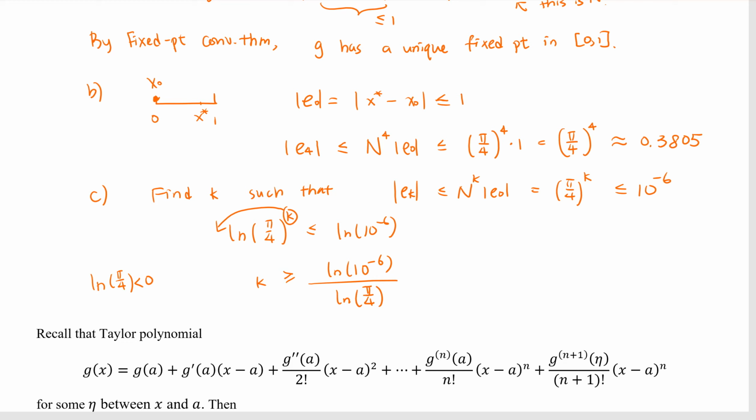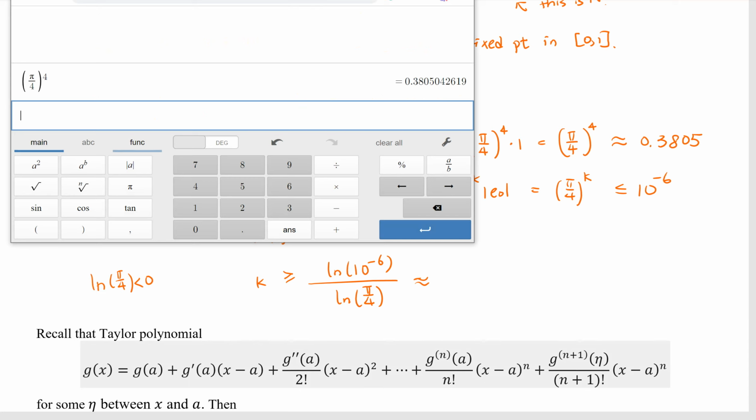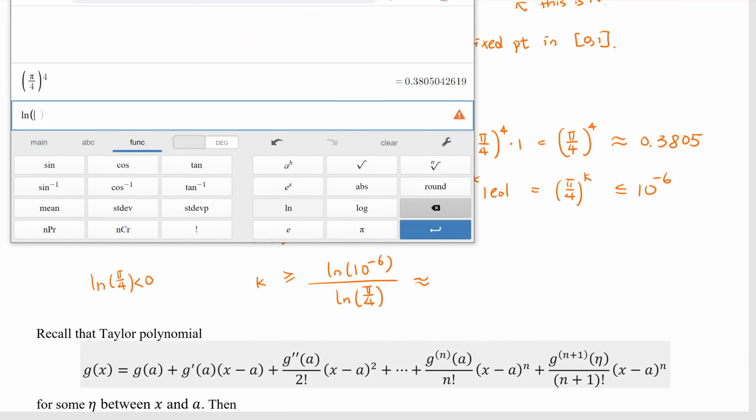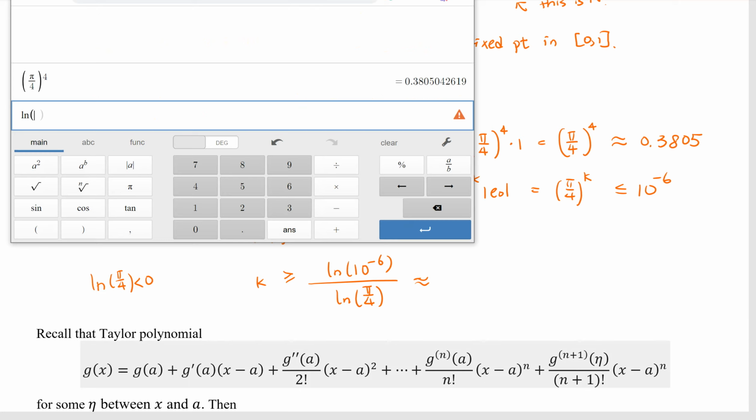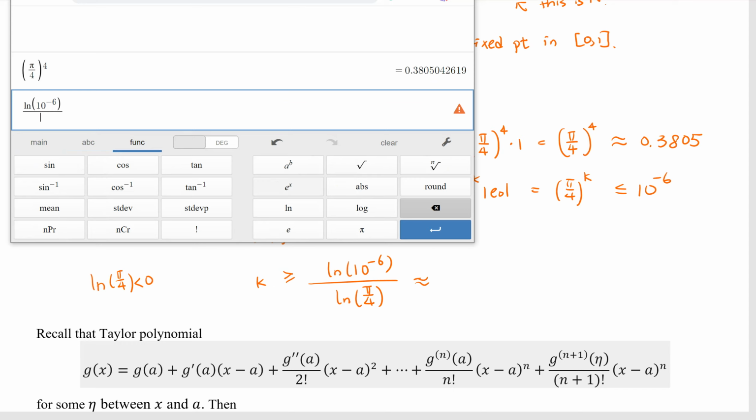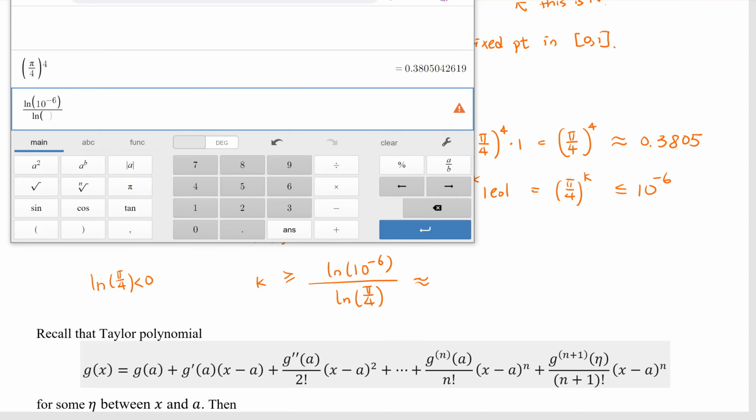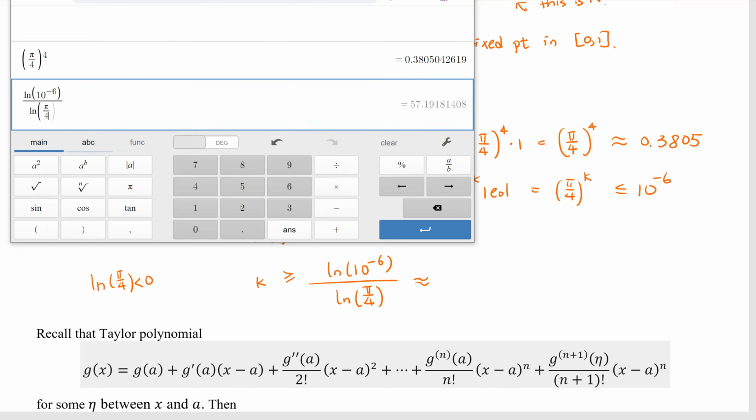So far, so good, everybody. And what is that answer? Wow, that's approximately, by calculator, we have ln of 10 to the negative 6 divided by ln of pi over 4.